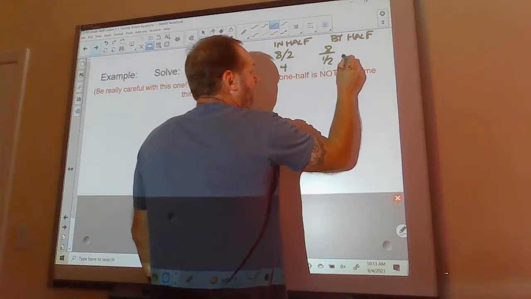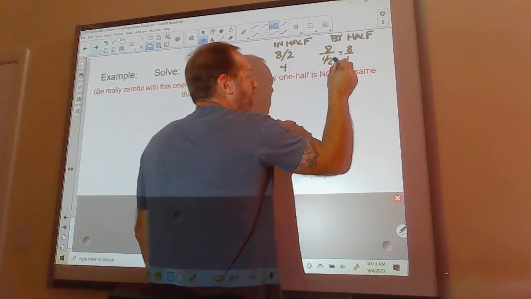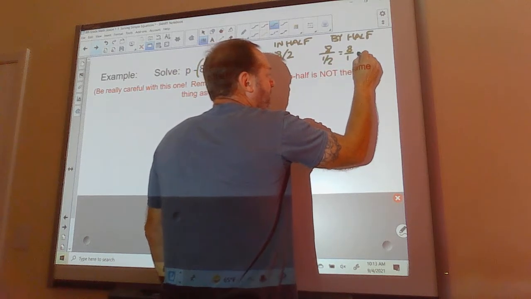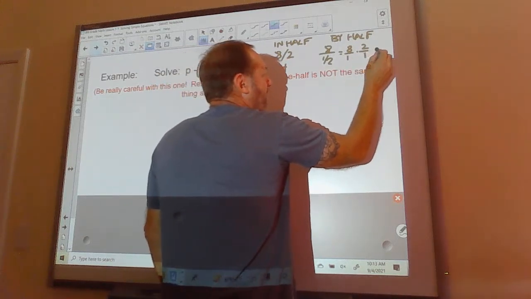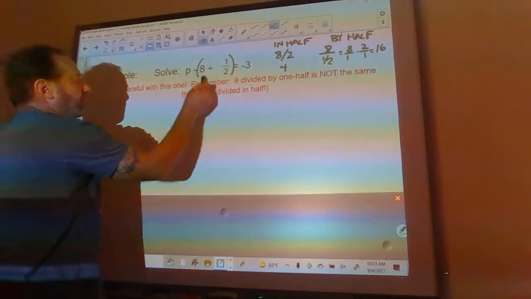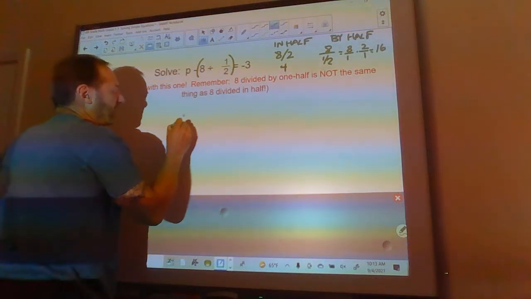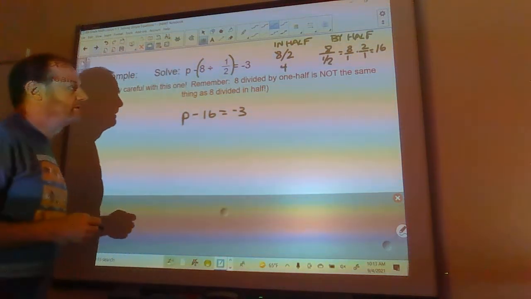And remember, when we divide fractions, we take the bottom, we invert and multiply. So we take the bottom one, the denominator, and we invert it, which means we flip it upside down. And then we multiply. So this is 16 over 1, which is just 16. So this part right here is 16. So we're going to rewrite this as P minus 16 equals -3.